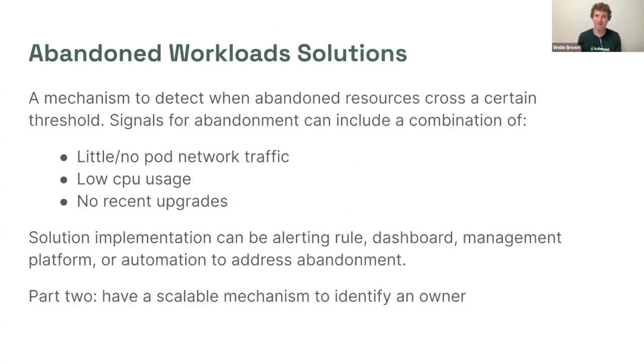Again, having a mechanism for when this crosses a certain dollar threshold can be really valuable, so you don't have to feel like you constantly review this. You can just be alerted or ping the actual owner itself when this becomes a meaningful percentage of your overall spend.